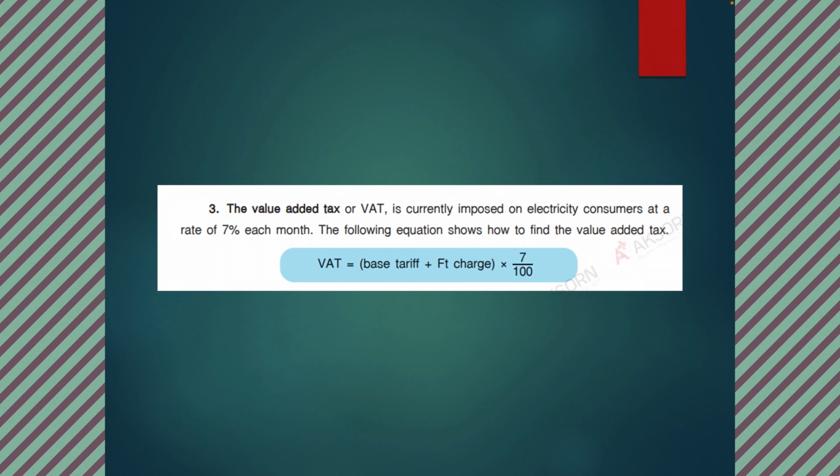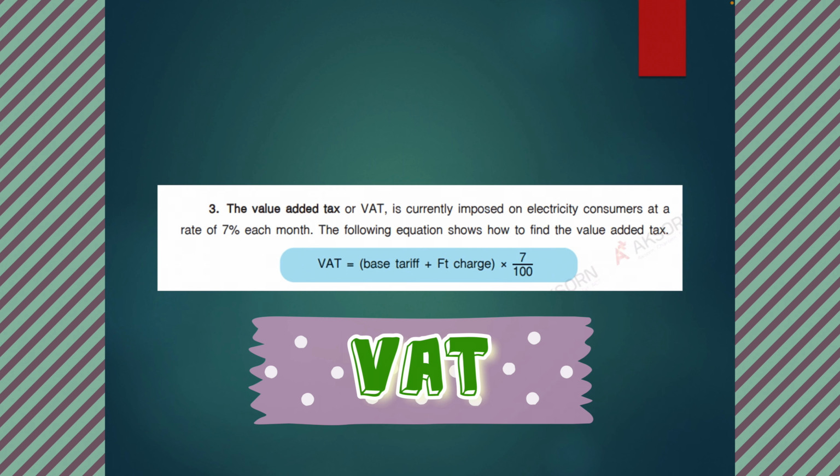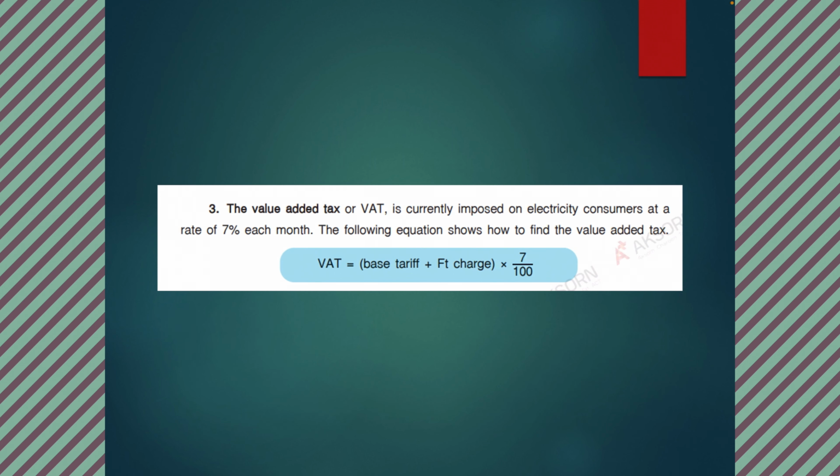So after getting the base tariff and the variable tariff, we're now moving on to VAT. What is VAT? VAT is the value added tax. VAT is currently imposed on electricity consumers or customers at a rate of 7% each month.